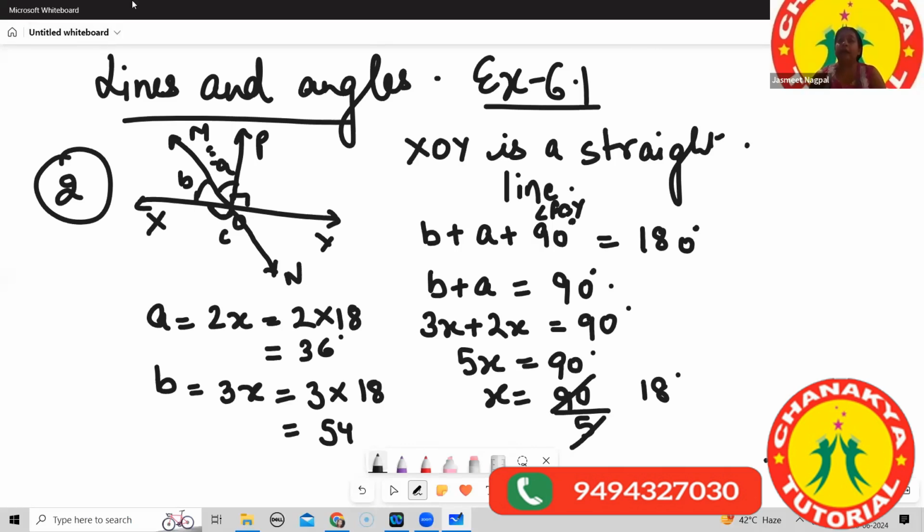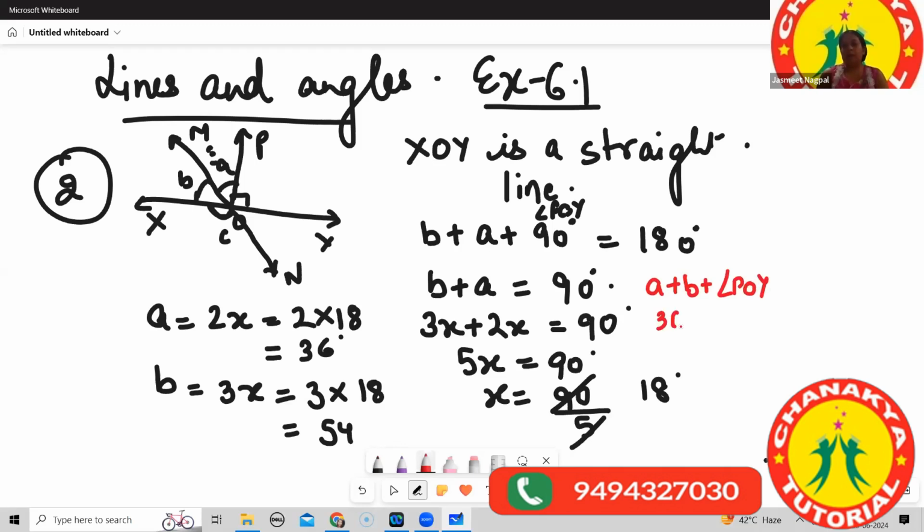If you add A, B and POY, that would be equal to C. A plus B plus POY.